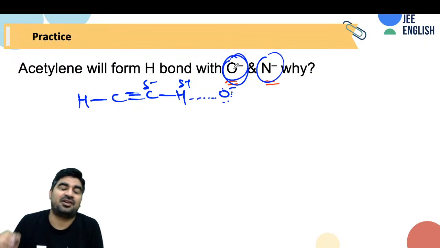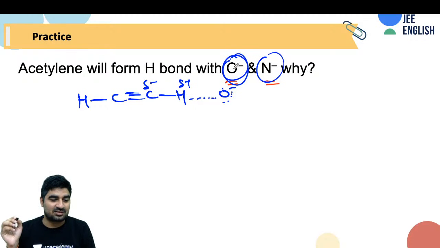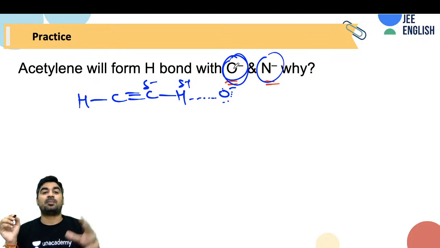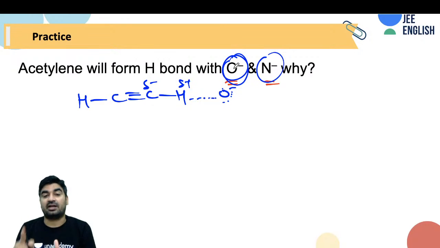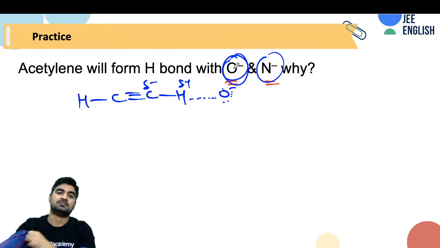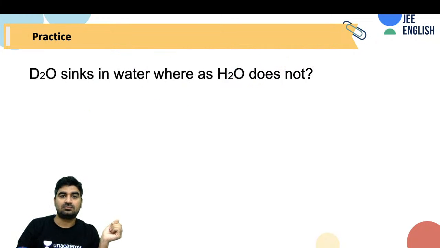So it can make a hydrogen bond with O minus or N minus, but it cannot make a hydrogen bond with another molecule of acetylene, because in that case carbon has no lone pair, and without a lone pair that is not possible. Got it?